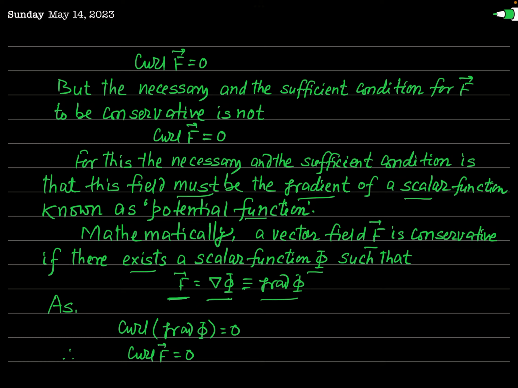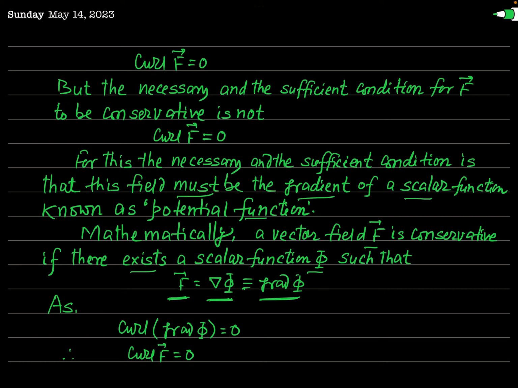If the vector field f, whose curl is 0, cannot be expressed as a gradient of this scalar function phi, then that cannot be a conservative vector field. Okay, so the necessary and sufficient condition for f to be a conservative vector field is what? It must be expressed as a gradient of a scalar function phi.